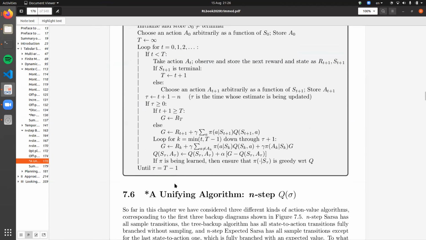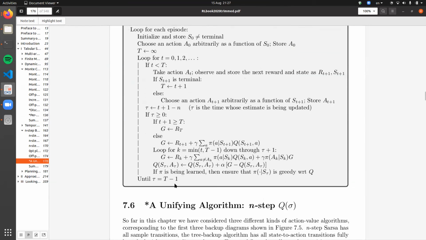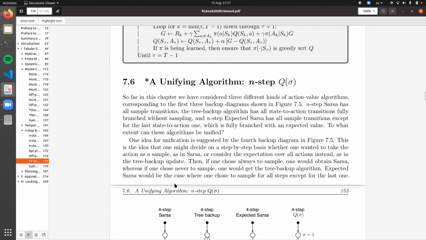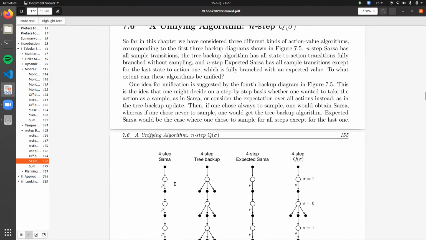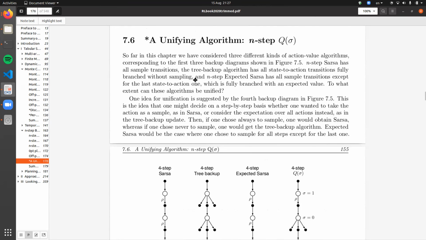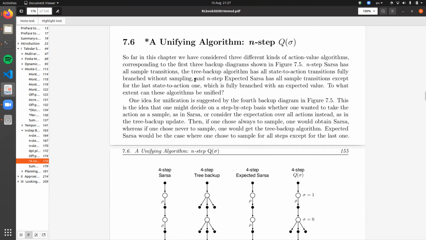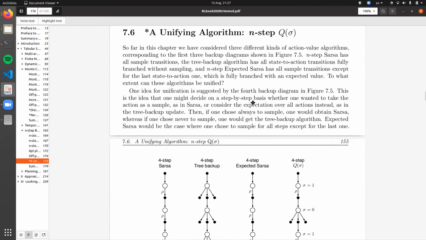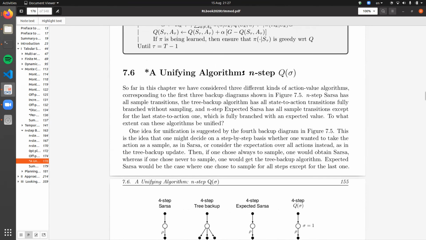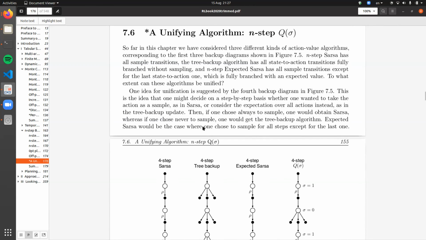Okay, and finally, we can unify all the algorithms we considered in this chapter, and this is called the Q sigma algorithm. It is not an improvement over the previously considered algorithms. It's just a way to think about it in a unified way.